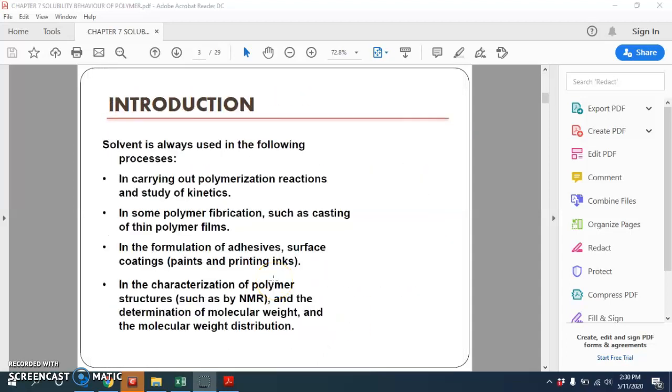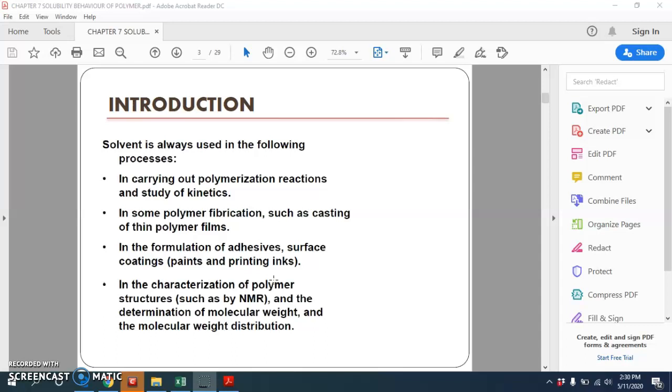Okay, solvent in polymer. It is always used in the following processes. First, in carrying out the polymerization reaction and study of the kinetic process. Secondly, in some polymer fabrication, such as casting of thin polymer films, which needs some solvent to dissolve it.